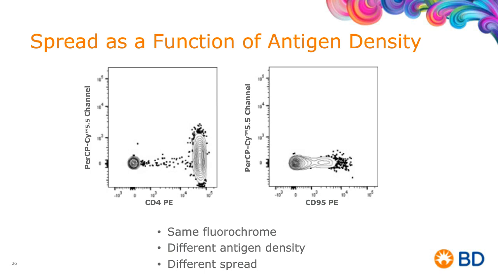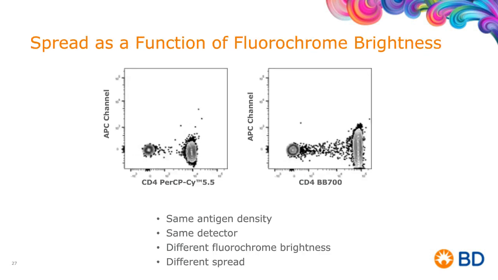Spread as a function of fluorochrome brightness is also something critical to understand. So Brilliant Blue 700 is a new dye in the same channel as PerCP-Cy5.5. And believe me, it is very, very bright. And when we made it, well, it spreads everywhere too, just like PerCP. But since it's so bright, we can use it differently. So if we pick CD4, you can see the resolution is significant there.